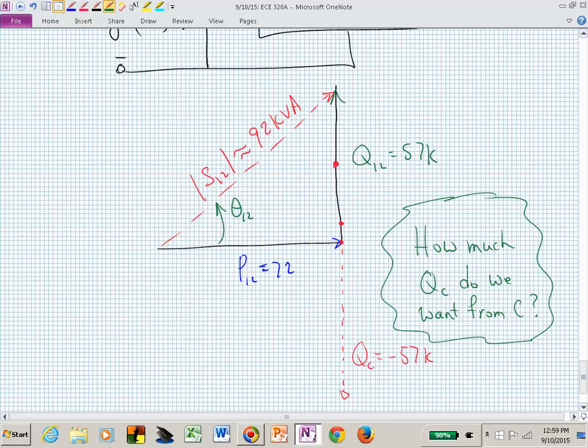Kilovars, etc. So we want Q sub C to be minus 57 so that when it is added to plus 57, we will actually end up right there at 0. Is it clear where 57, minus 57 is coming from? Now let's figure out how we get there.